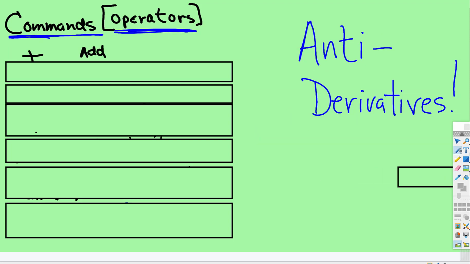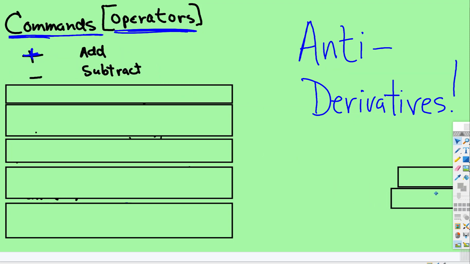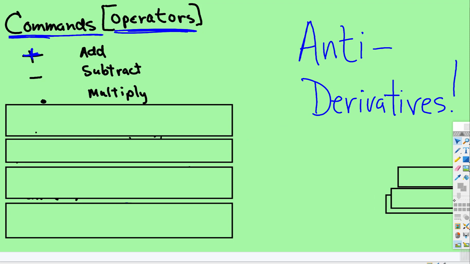All right, so there's the evil plus sign. You must add this to this. It's a command. It's an operator. Subtract sign, multiplication sign. And multiplication sign is tricky because you can have parentheses touching something. That means multiply. You can have an X, although usually by the time you get to algebra, you don't use the X anymore.